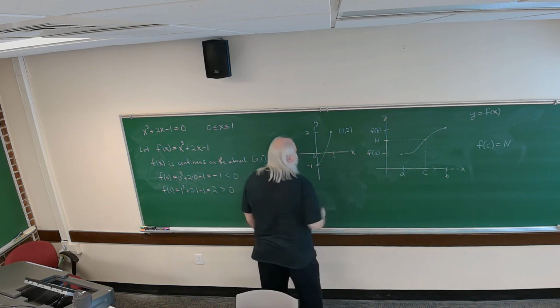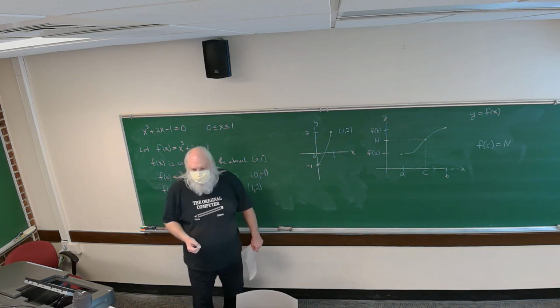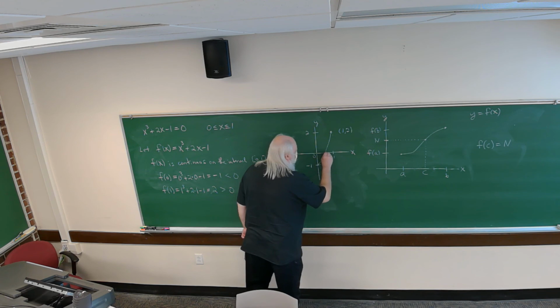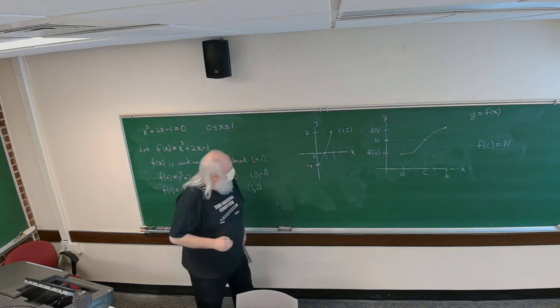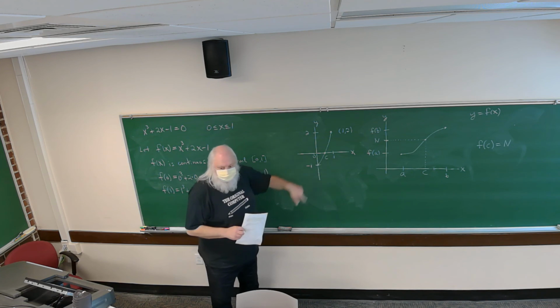Now, I don't know exactly how the graph looks. I'm just connecting the two points. And so there's a point between 0 and 1, we'll call it c, where the value of the function at x equals c is equal to 0.